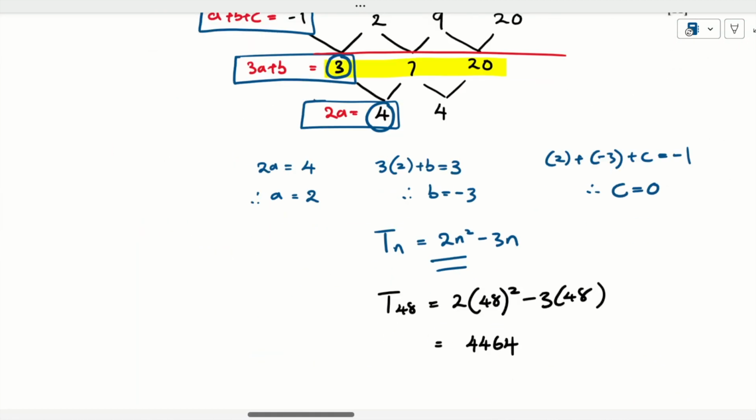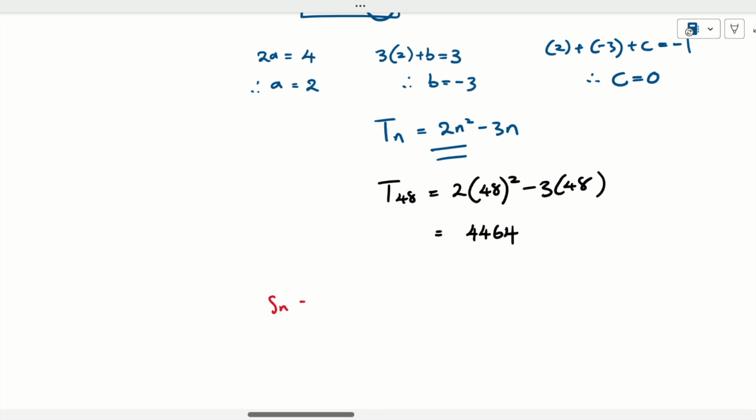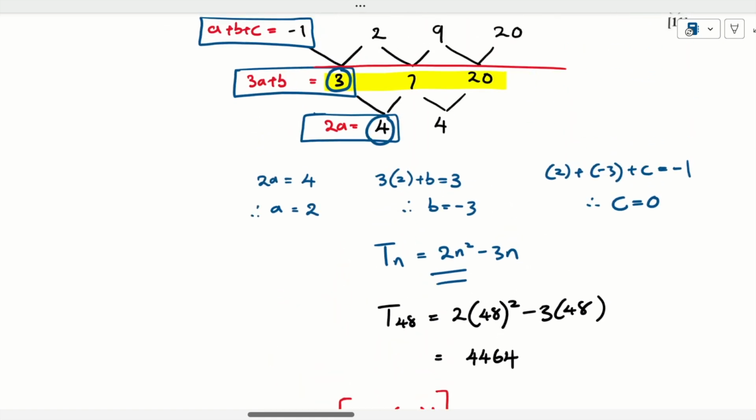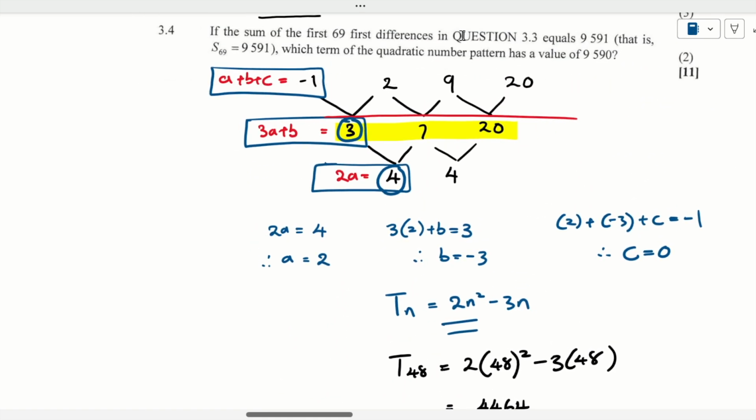That equation is Sn equal to n over 2 multiplied by 2a plus n minus 1 multiplied by d. Here, a is the first term and d is the difference. The first term of the arithmetic sequence is 3.